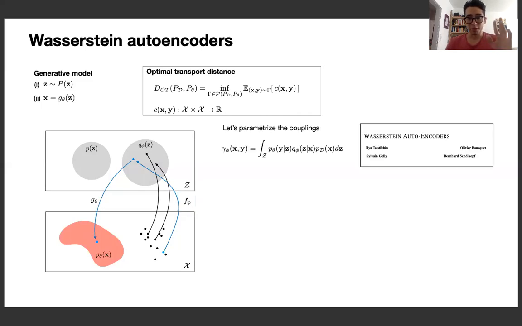The trick to get this is in the Wasserstein autoencoder paper, and it's a nice idea. Remember these couplings that we were talking about before, the ones that we want to optimize? We just parametrize them in this specific form.